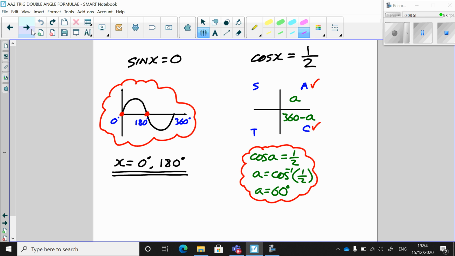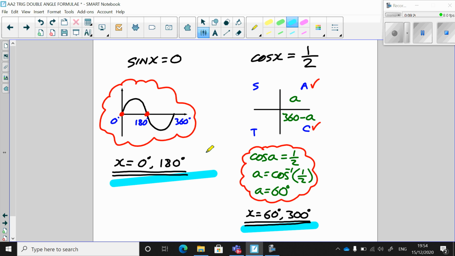Can you take the value of a equals 60 and place it? So that's going to be an answer, and that's going to be an answer. So a is the answer itself, 60, and 360 minus 60. Hopefully you get those two. We'll get two sets of answers here. We'll get those two, and those two.